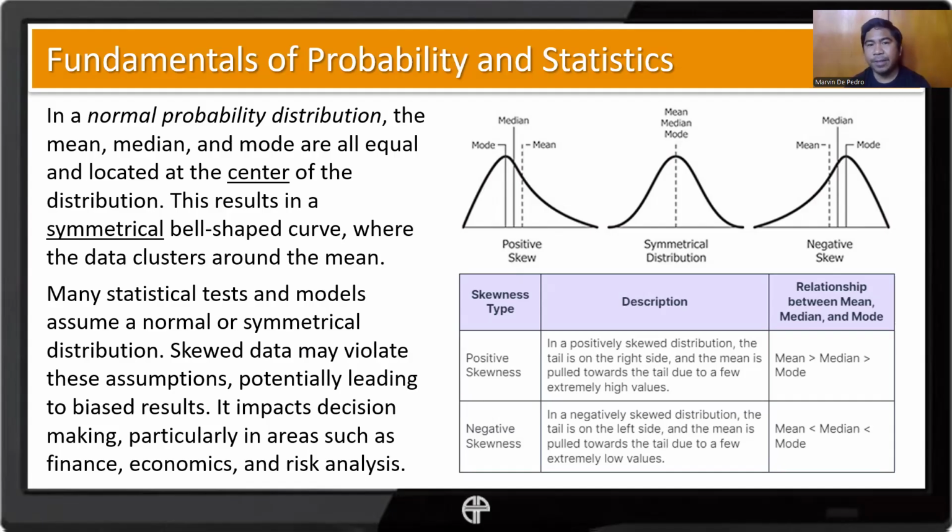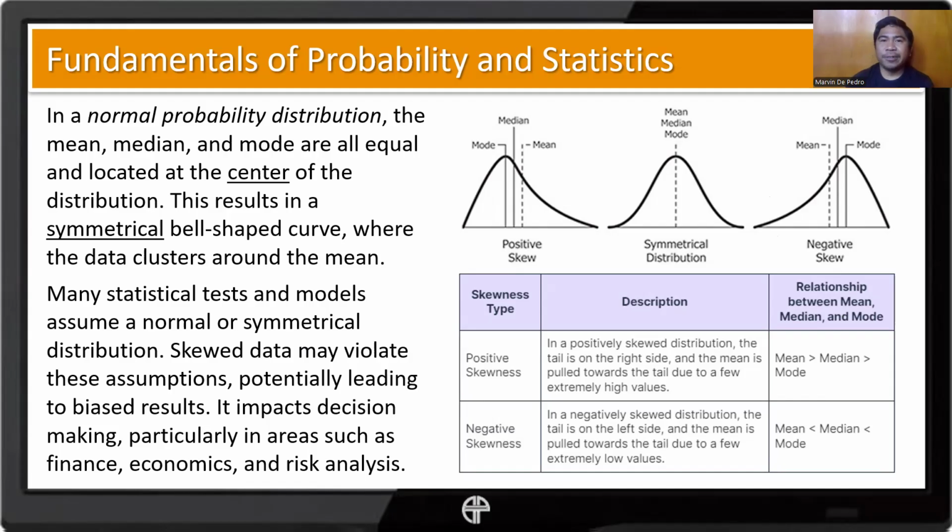While on the other hand, in a negatively skewed distribution, the tail is on the left side, so it's here, and the mean is pulled towards the tail due to a few extremely low values. So here, specifically, the mean is less than the median and the mode.